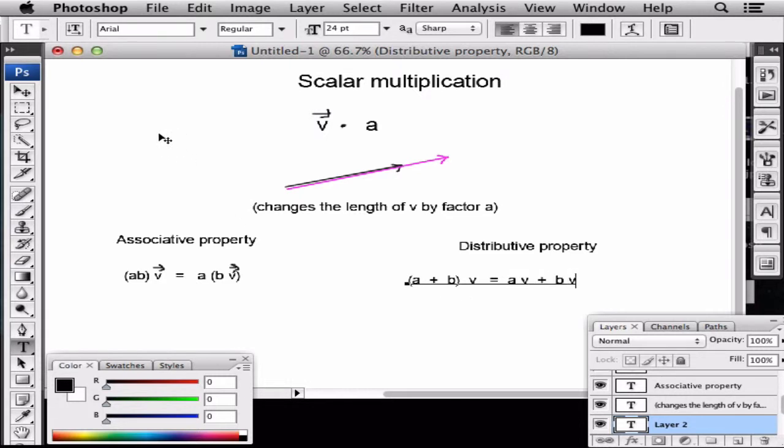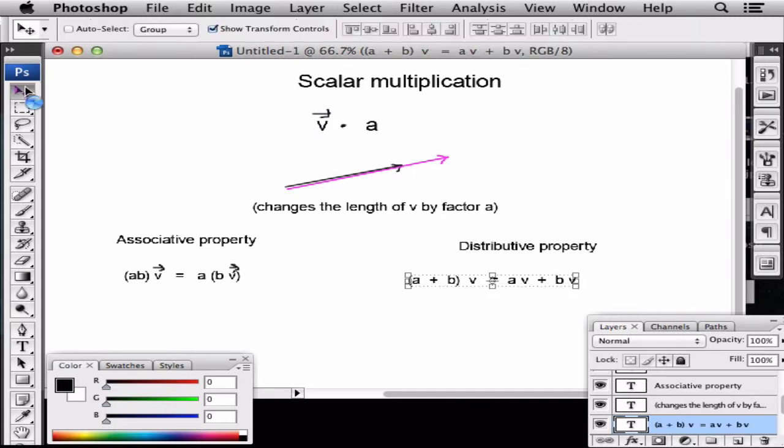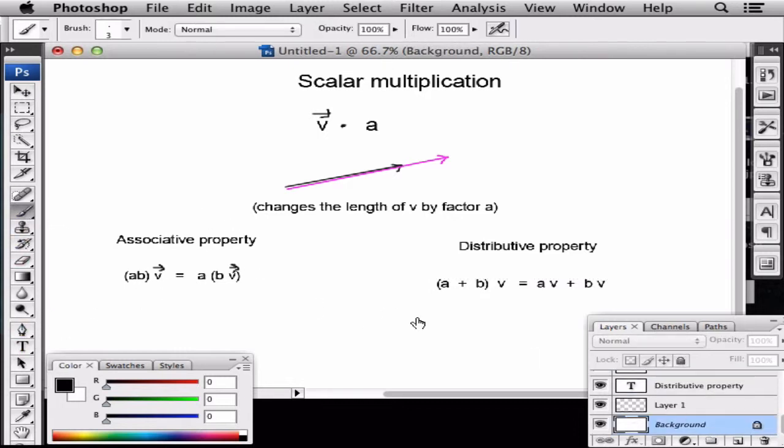This basically means that this multiplication can also become this addition, like a vector addition, and it will still yield the same results. Quickly put the arrows there.